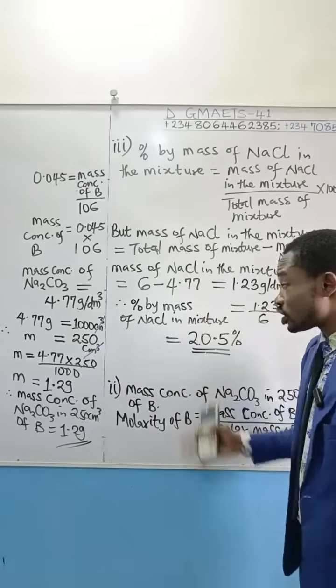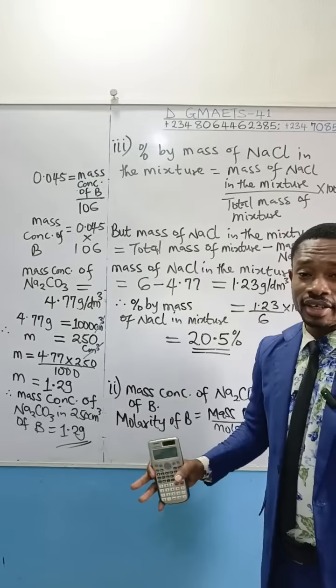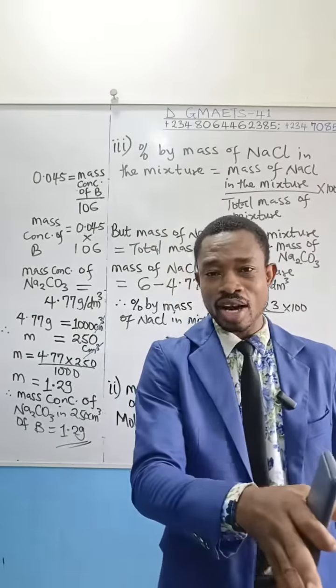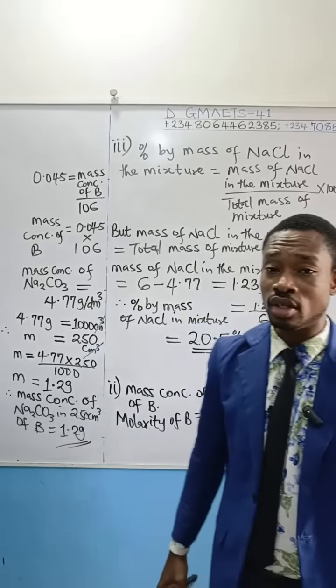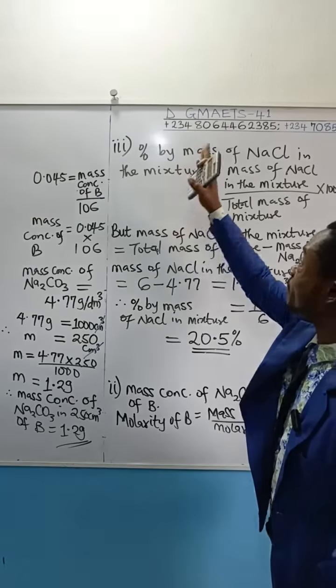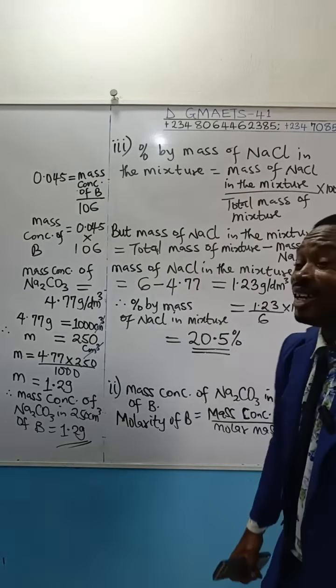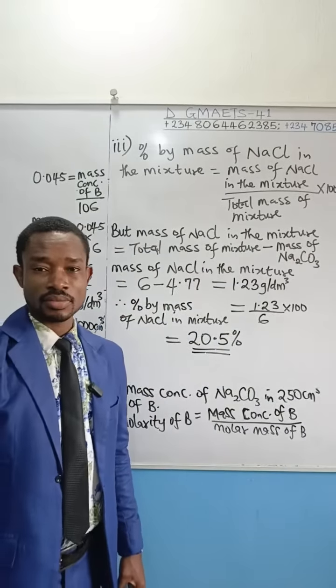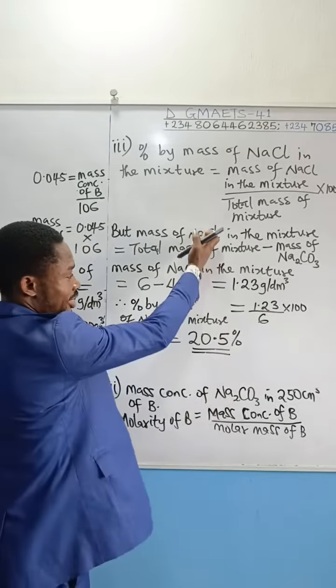We are done with all the questions we are asked to find. I'm just giving further information on other possible directions that the examiner could have gone in asking you this question. Take note that the one we solved, the third part of the question that said find percentage by mass of sodium chloride in the mixture, is actually percentage impurity, which you saw the way I solved it.